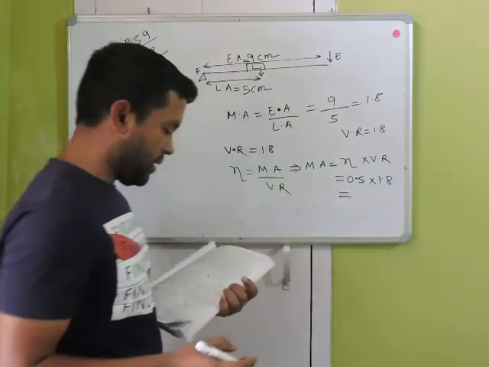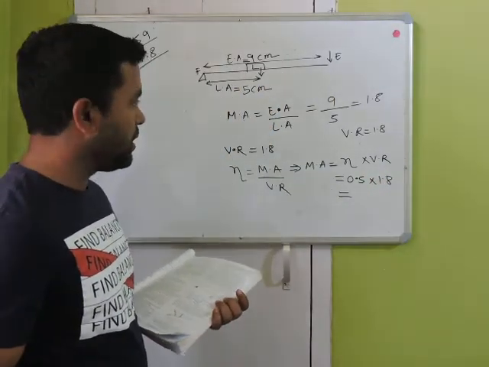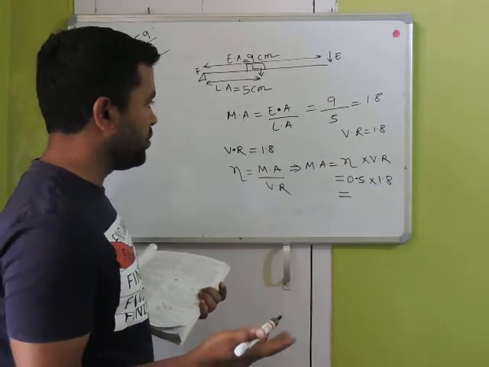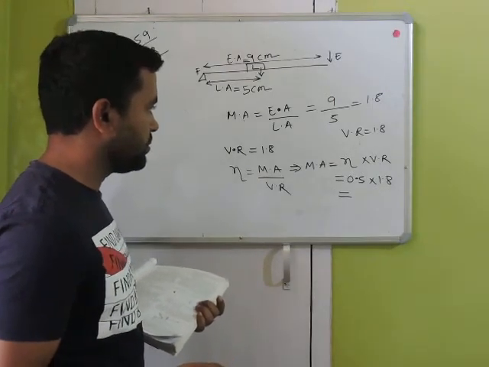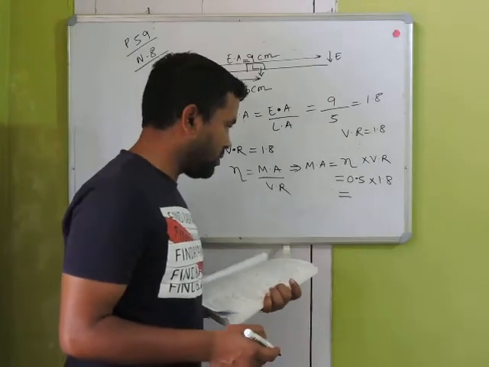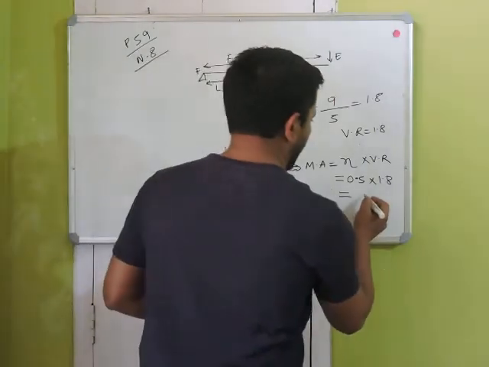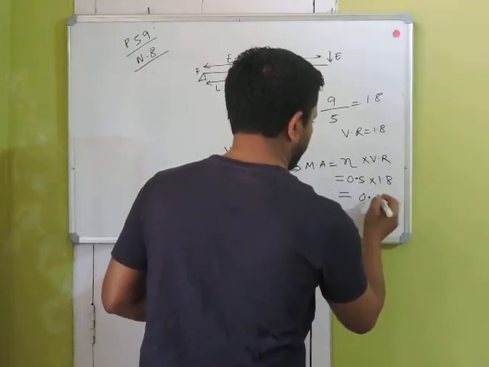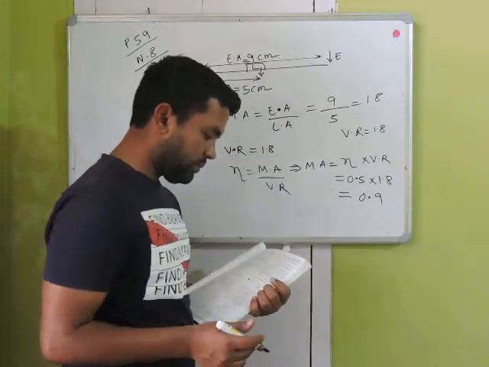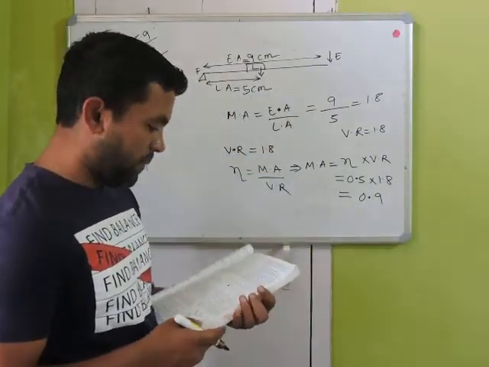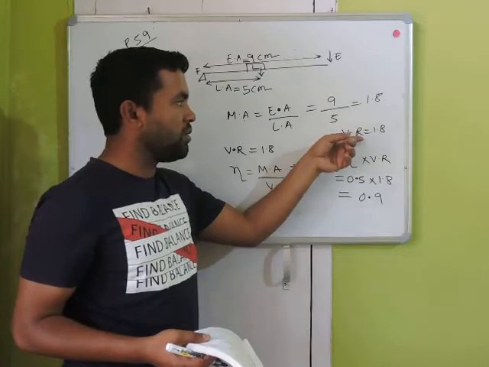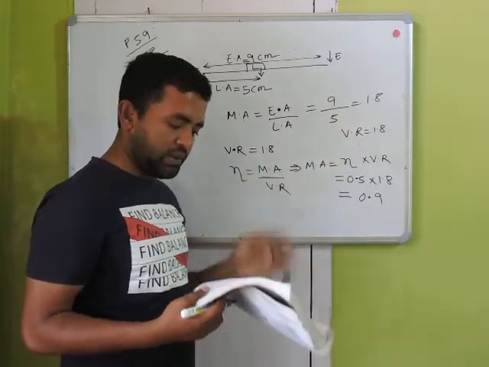So mechanical advantage will turn out to be around 0.9. And to recall, there is no unit with VR, MA and efficiency.